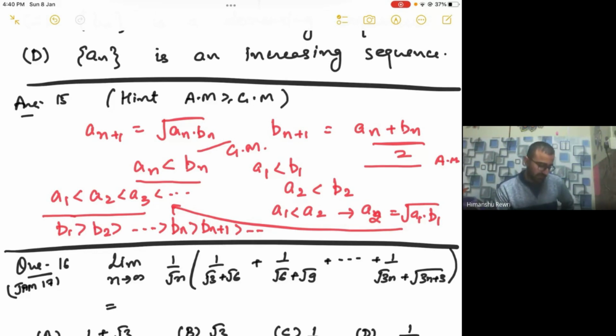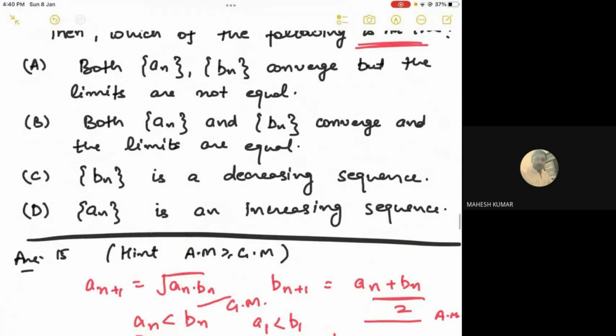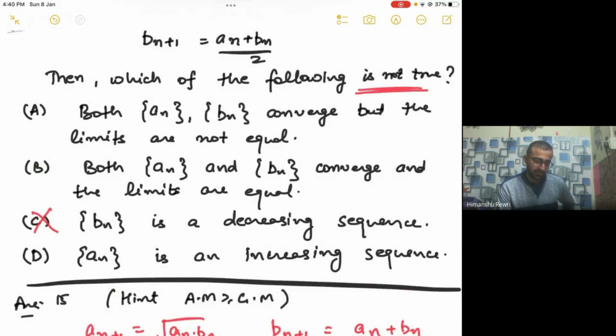Can you claim this statement? So you have shown that Bn is a decreasing sequence. So this option is incorrect because the question asks which statements are not true. Similarly, D is also false.